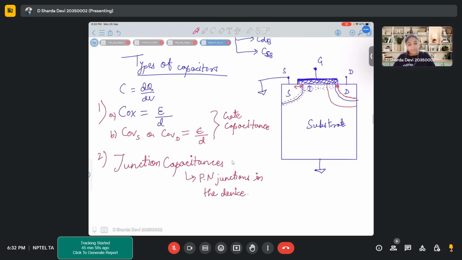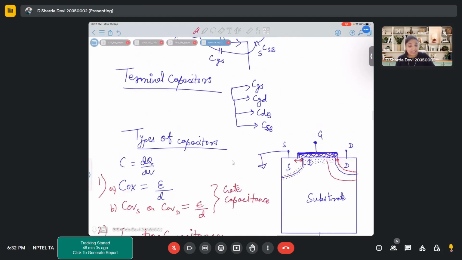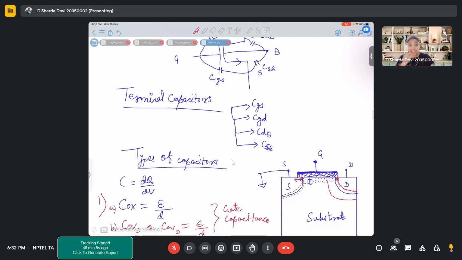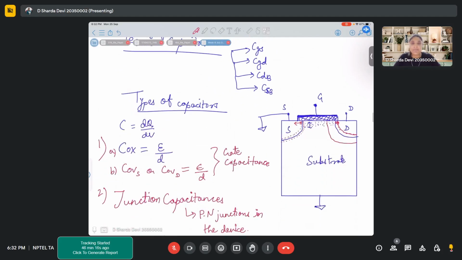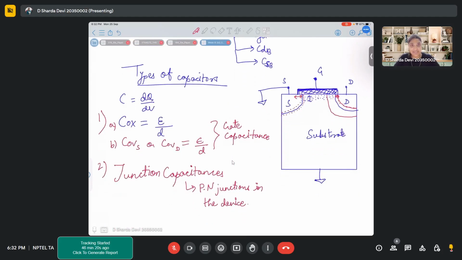So when we say terminal capacitances, we are only talking externally about the capacitance between the terminals. But where do these capacitances actually come from? They come from either the gate capacitance or the junction capacitance.